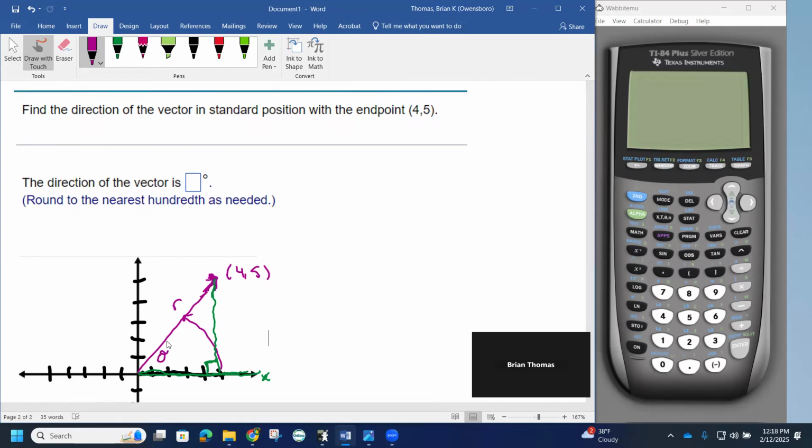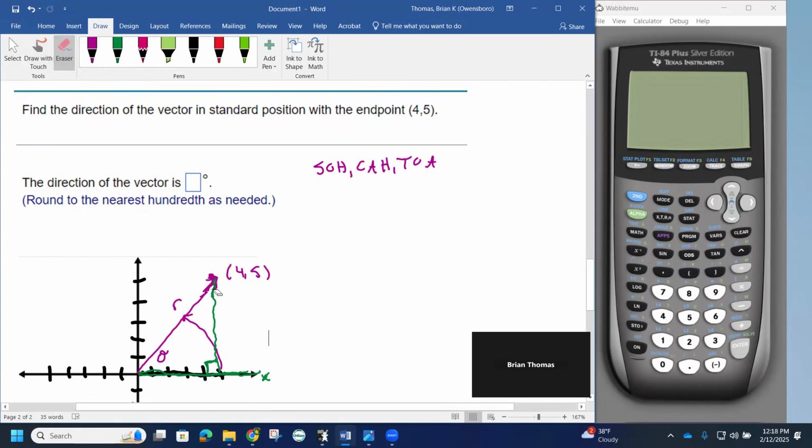So if I want to find angle theta in a right triangle, we have what's called SOHCAHTOA. So if this is the angle we're talking about, notice how what we know is this distance here is 1, 2, 3. I didn't even draw that right.